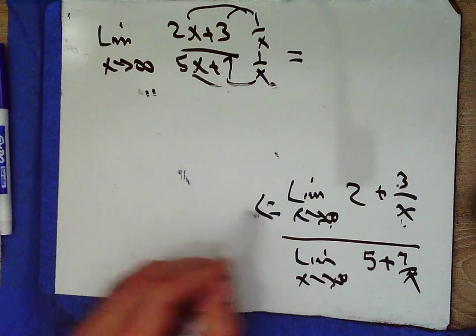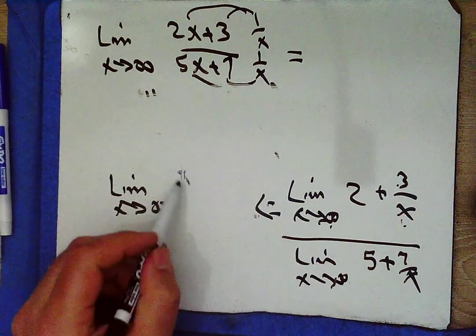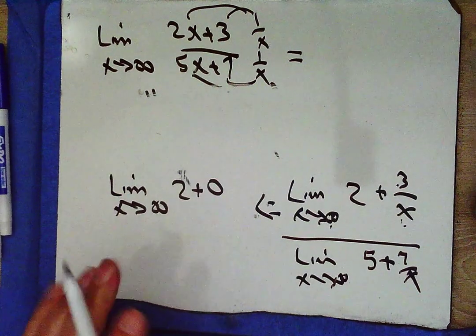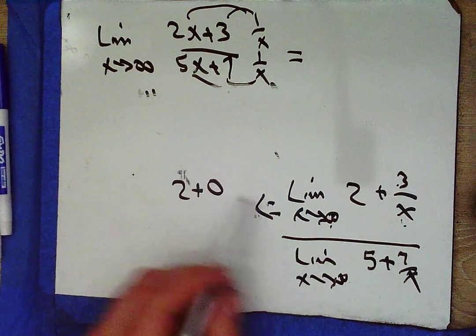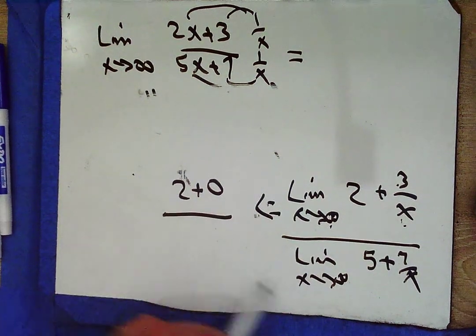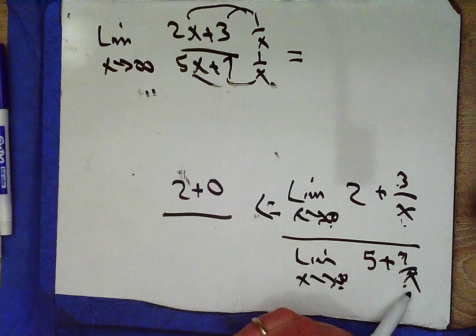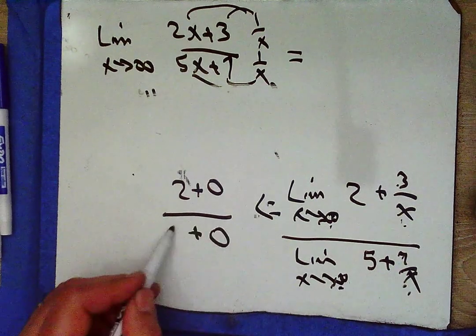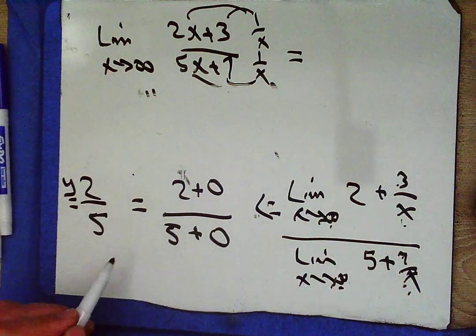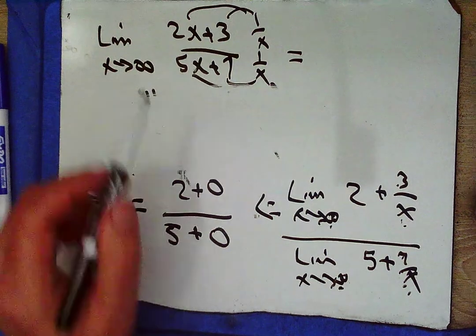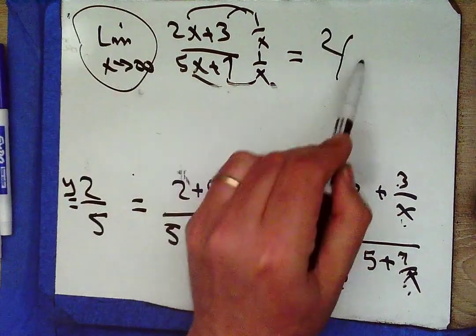So I've now got the limit as x heads to infinity of 2 plus 0. Actually, once I plug that infinity in my head, I don't need to show that limit notation anymore. And on the bottom, if I put my infinity in here, 7 pizzas divided by an infinite number of people, and so we end up with 2/5. y equals 2/5 is our end behavior model because 2/5 is the value of this limit.